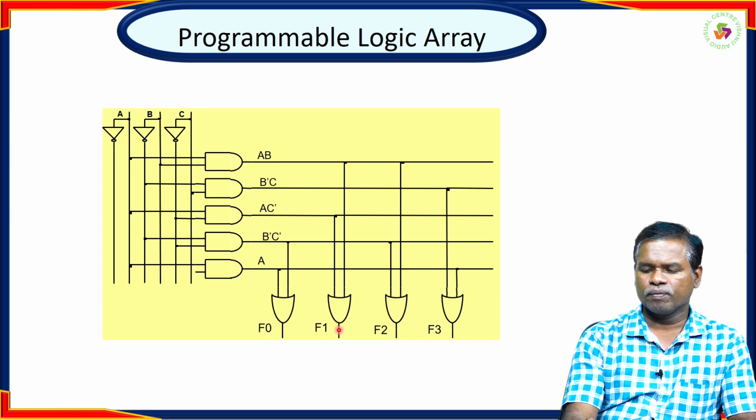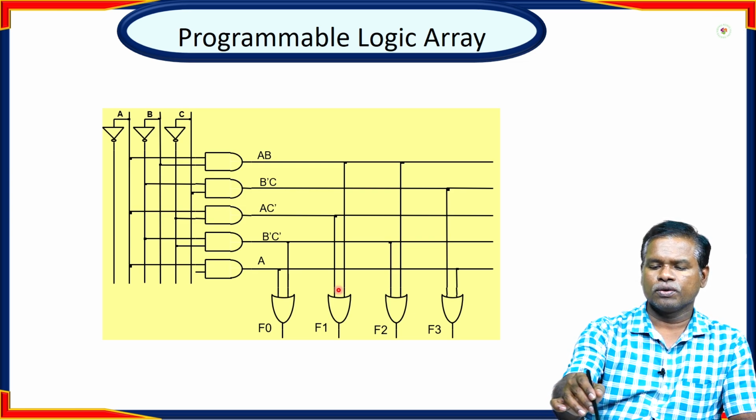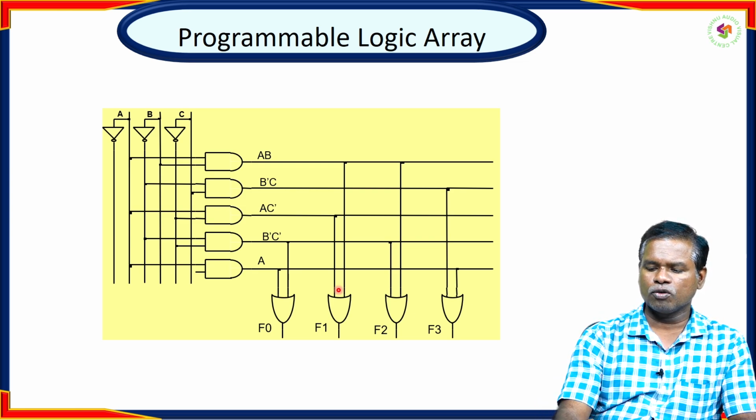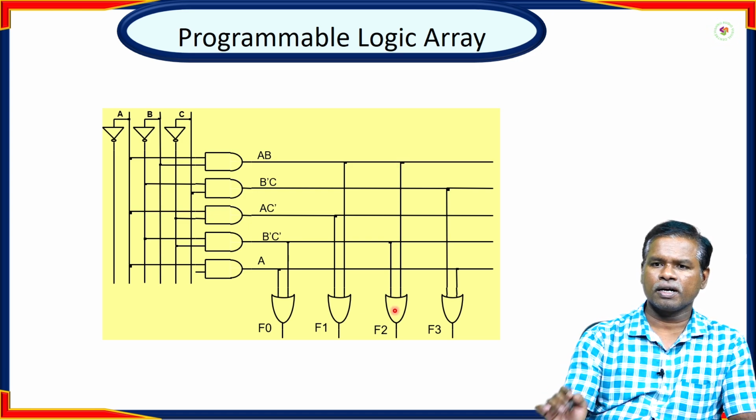Similarly, F1 has two product terms, A C dash and AB. Those are connected to an OR gate, and the output of the OR gate is named F1. Third, F2, B dash C dash and AB are connected to the third OR gate.